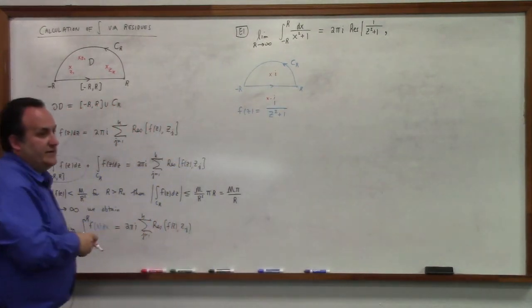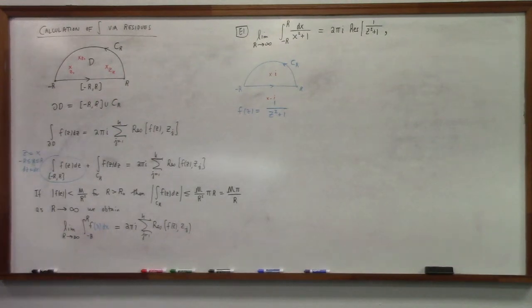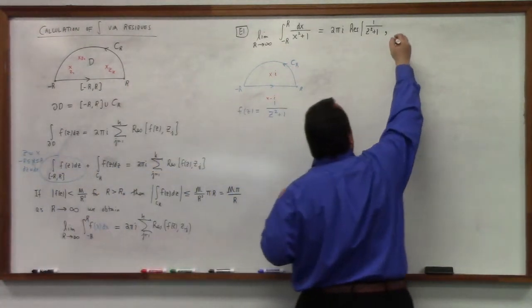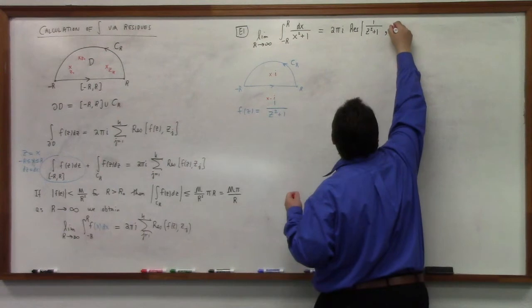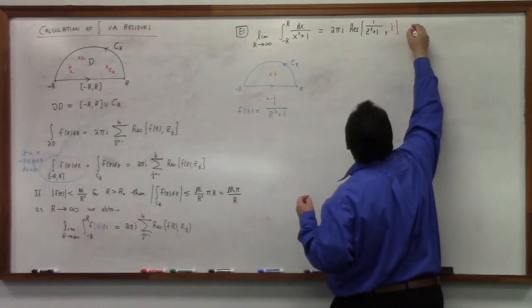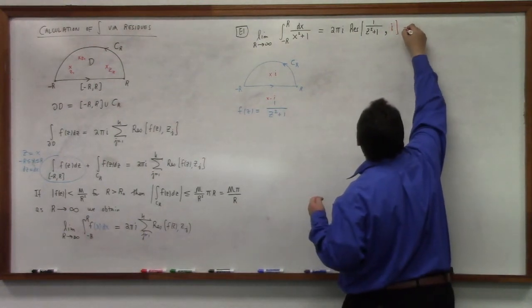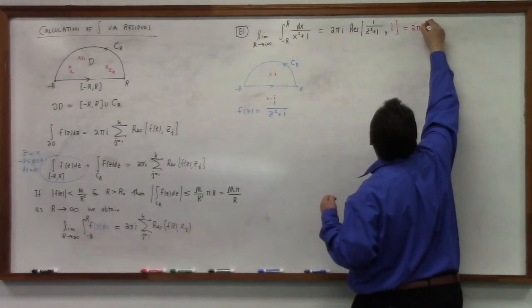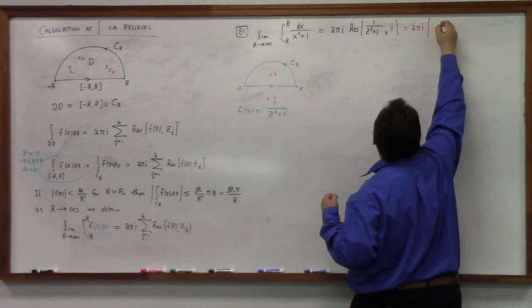Exactly. So the only isolated singularity inside the upper half circle, as r goes to infinity, doesn't matter how big r gets, it's still just i. I is the only residue we have to consider, right? And how should we calculate that residue? I would use the special case of rule 3, or rule 4 even.